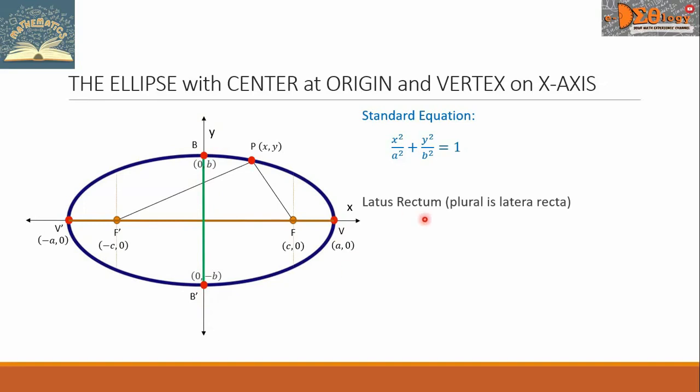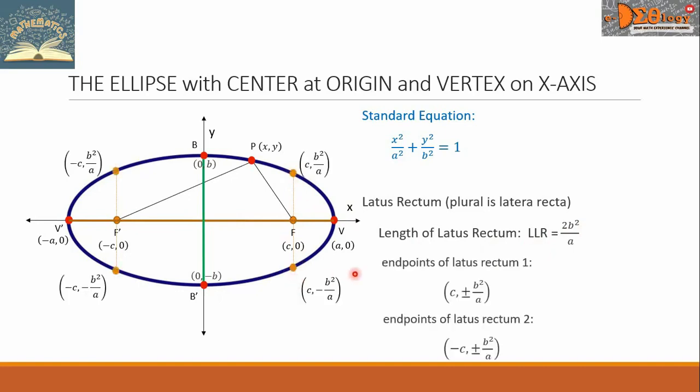Now for the latus rectum, the plural is latera recta. There are two latera recta here. The length of the latus rectum, abbreviated LLR, equals 2b squared over a. That is the length of this latus rectum.